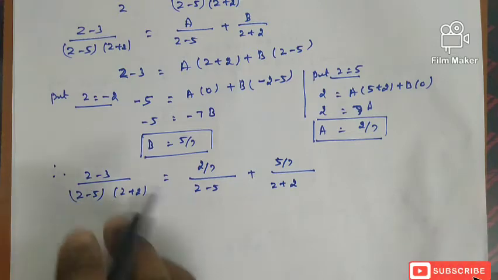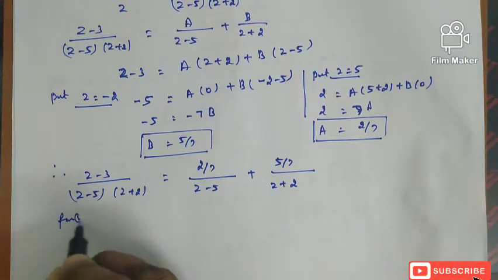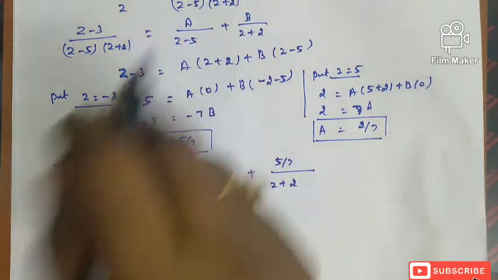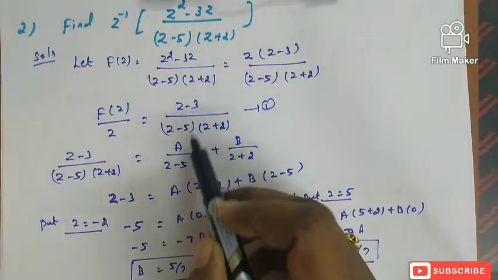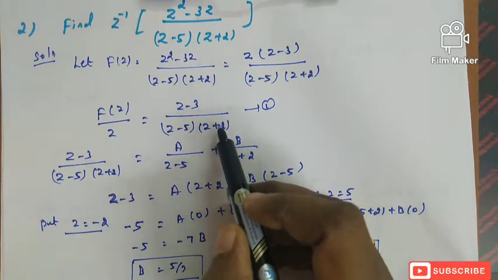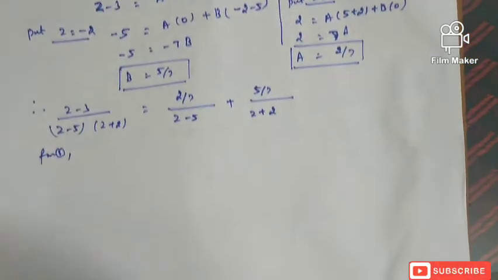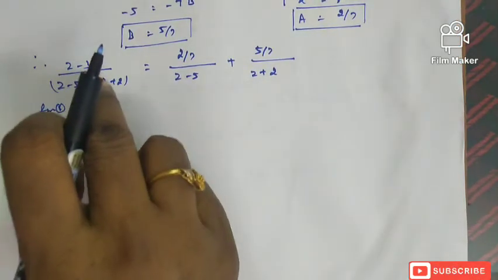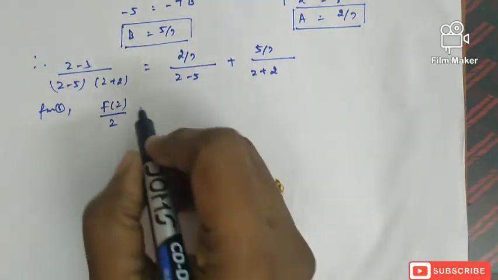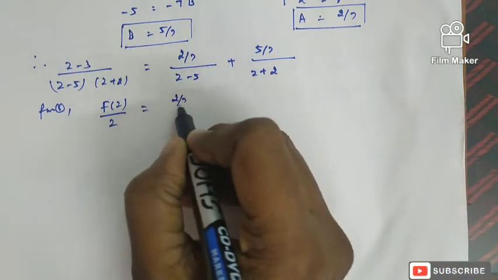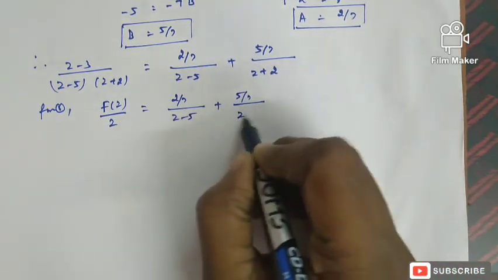From equation 1, (z minus 3) by (z minus 5) into (z plus 2) equals f of z by z. So from equation 1, f of z by z equals 2 by 7 by (z minus 5) plus 5 by 7 by (z plus 2).